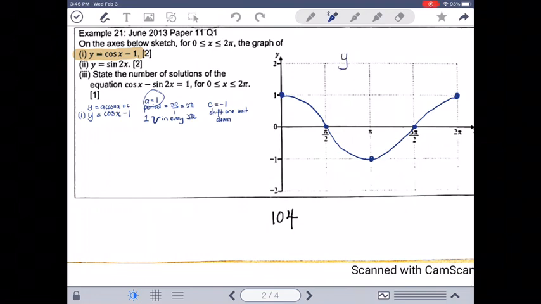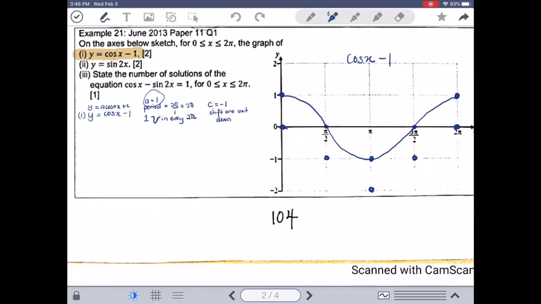So this is for cos x. Next, we need to shift 1 unit downwards, which means that from 1 becomes 0, from 0 becomes -1, from -1 becomes -2, from 0 becomes -1, from 1 becomes 0. So the new graph will look something like that.